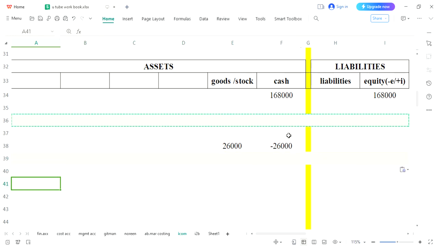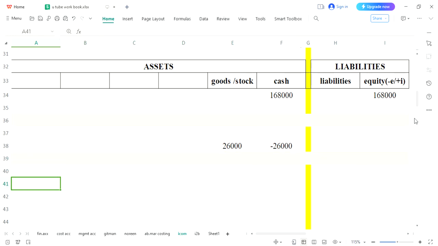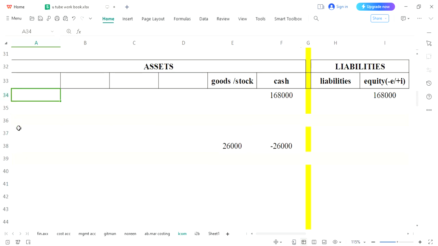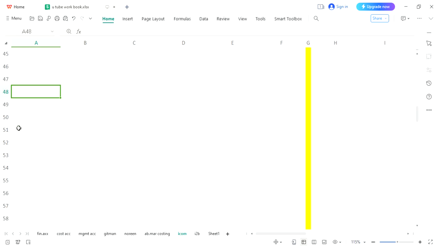Later on we will discuss why we are leaving this vacant line after each entry. The first date was 1, so we can use this column for the date, and we will use it later on.